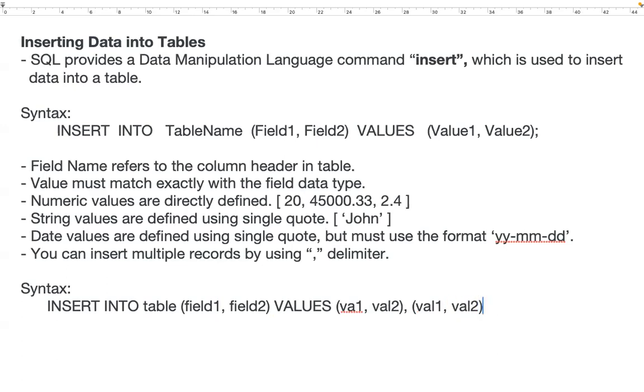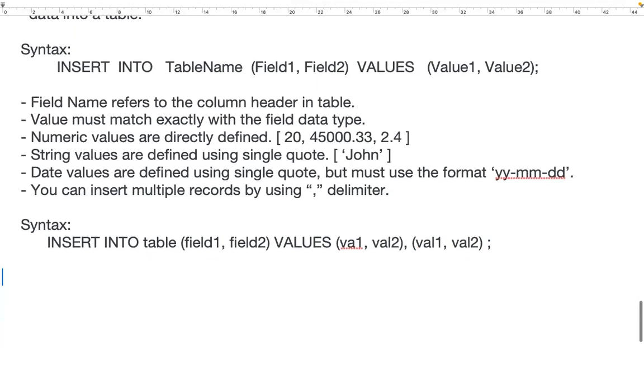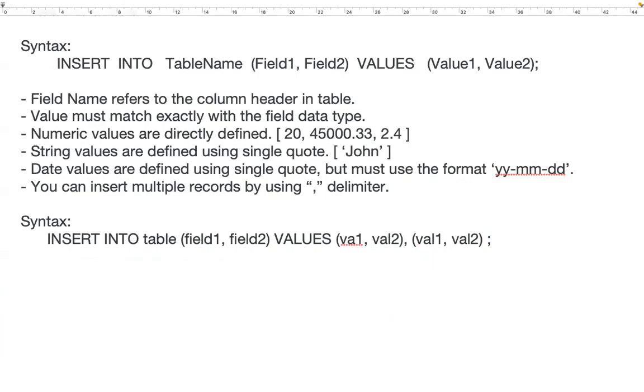Like this, we can have multiple. The first val 1, val 2 is the first record, and the next pair is the second record. You can insert multiple records.